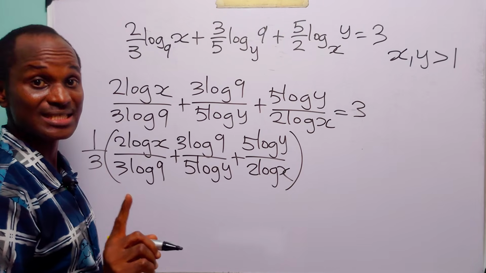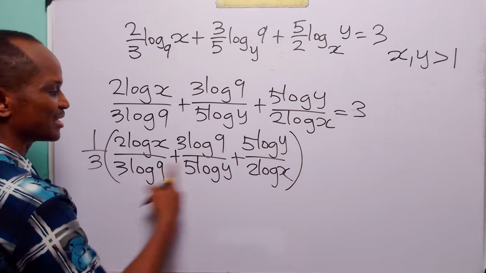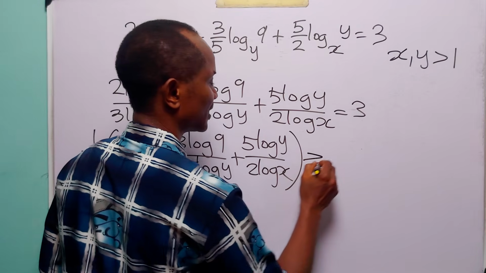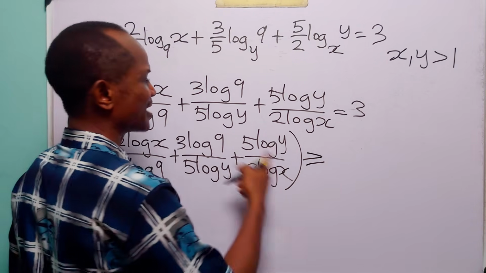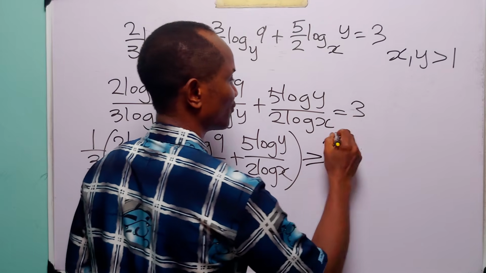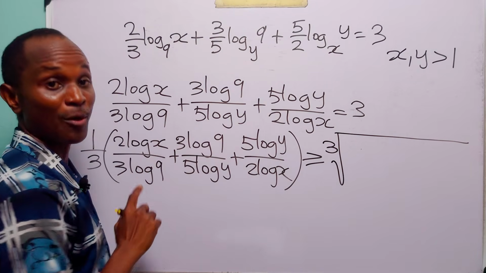And according to this inequality, we have that this arithmetic mean must be greater than or equal to the geometric mean. The geometric mean of these three numbers is the cube root of the product of these three numbers.